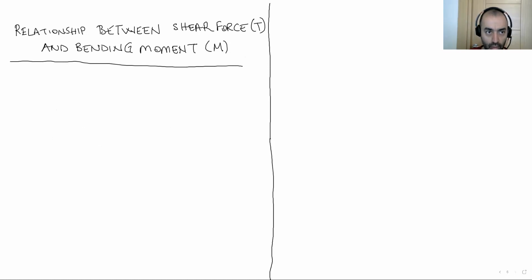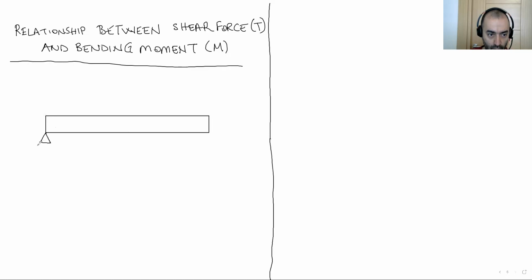Let me draw it. Okay, this is my beam. Here we have roller support and pin support. On this beam, I have an arbitrary distributed load.